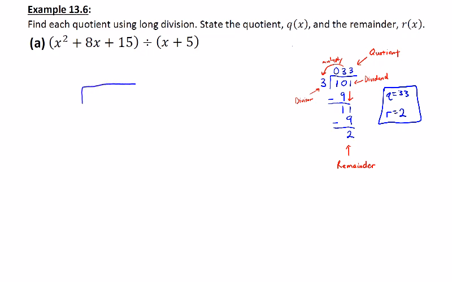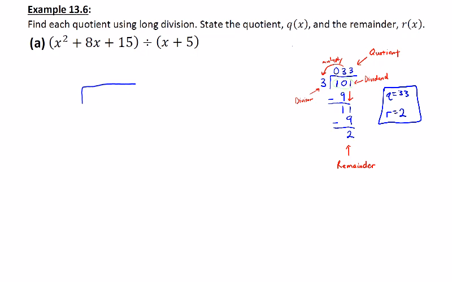For my separator, I'm supposed to have the dividend on the inside, which on the whole numbers was the 101. And then I need to have the divisor in front of that separator, and that was the 3 in our whole number example.